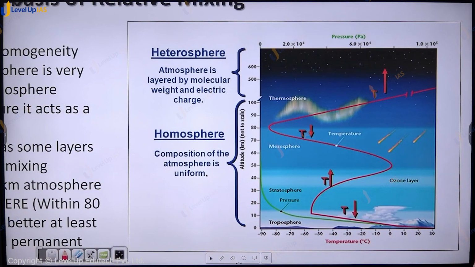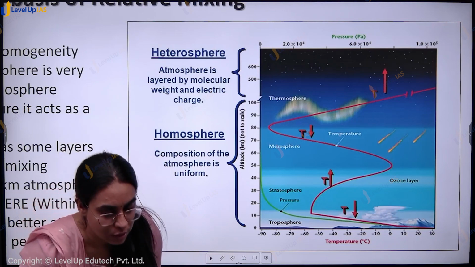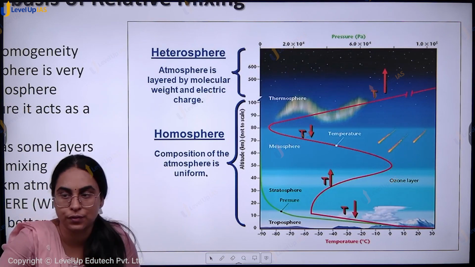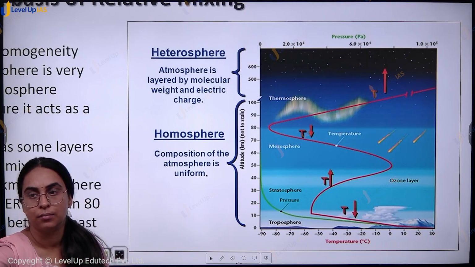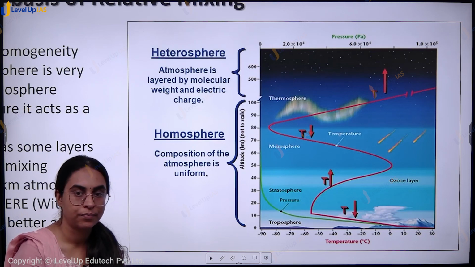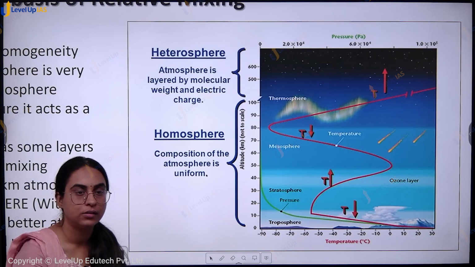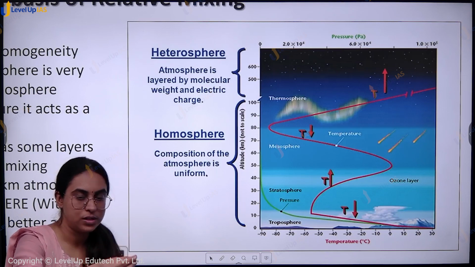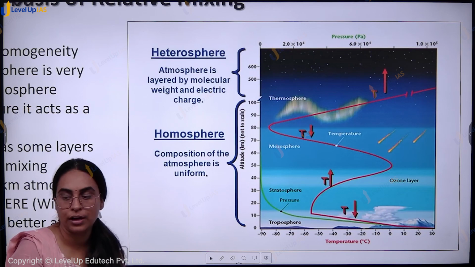The layers are troposphere, stratosphere, mesosphere, and thermosphere. ठीक है? Right? Just 1-2 words. We'll deal with layering in further more details. But write first 2-3 words.